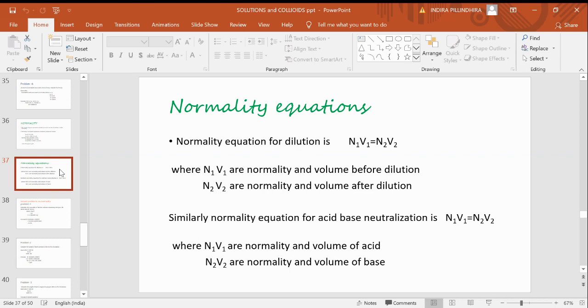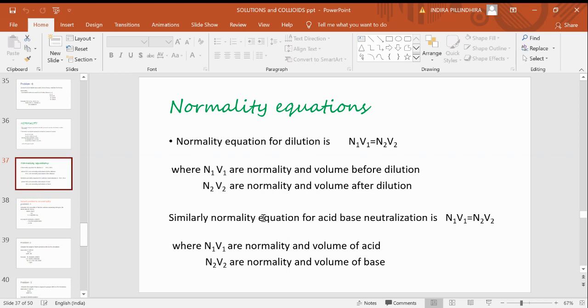Here N1 and V1 are the normality and the volume before dilution, and N2 and V2 are the normality and the volume after dilution. Suppose we take a solution of a certain concentration and add some water to that solution, it will become dilute and the concentration falls down. The relationship between the concentration before and after dilution is given in this way.